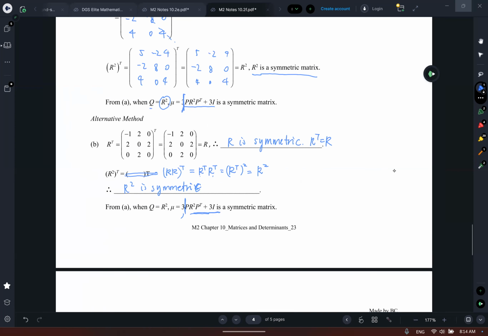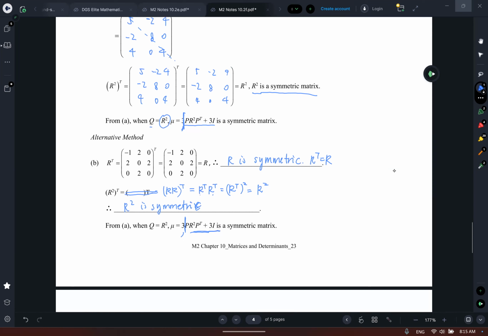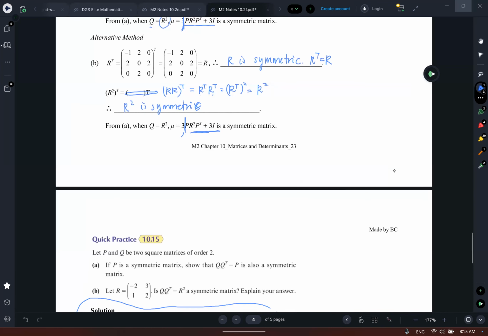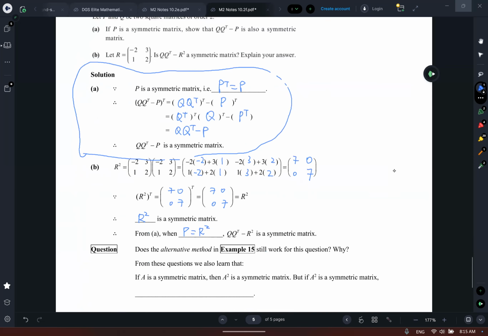I consider this method simpler because I don't have to find R squared. In the original method, I have to find R squared and say it's symmetric. But without finding R squared, I can say it's symmetric. So that is the alternative method. Think about whether this method can be used in this class practice.